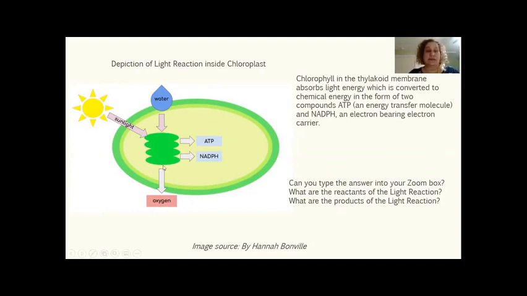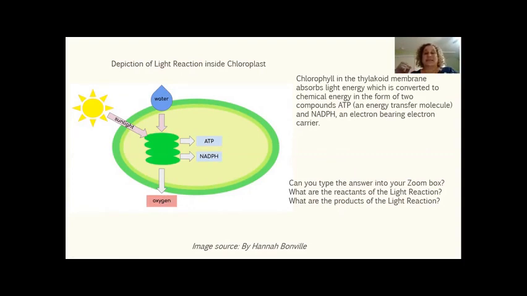the thylakoid membrane, and when it does, it activates the chlorophyll. The light energy causes the chlorophyll to vibrate, and that's resonance energy, and it gets converted into two compounds. One is ATP, the other is known as NADPH. The important thing I want you to know about these two molecules is that ATP, as we've talked about before, is an energy transfer molecule.